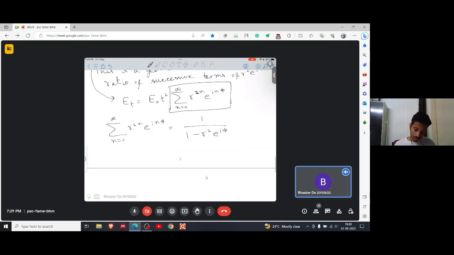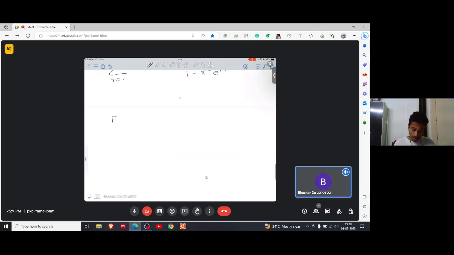So I'll just put this value here and we will have Et equal to E naught t square by 1 minus r square e to the power I phi.